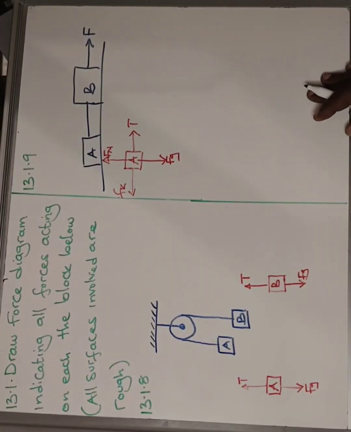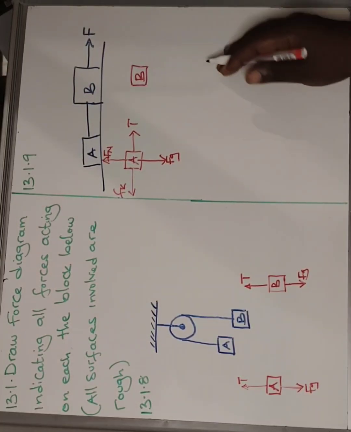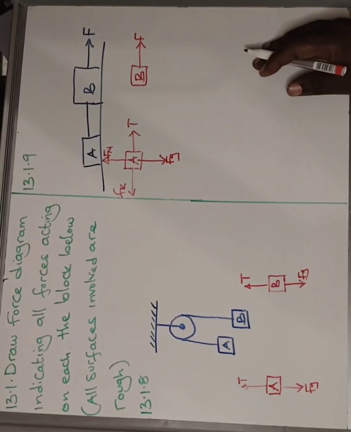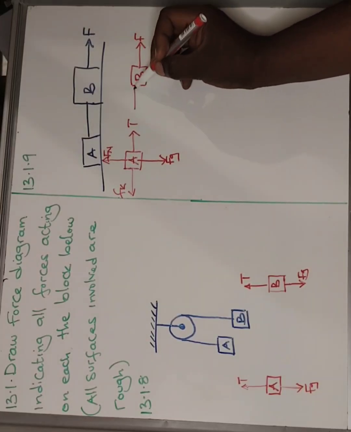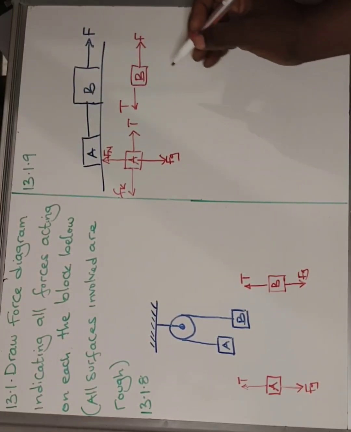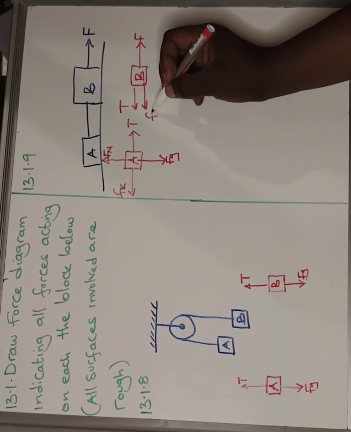Let's look at B. For B, what are the forces which we know? There is an applied force. There is the string which comes with tension, and the surface is rough, so there is a friction force.